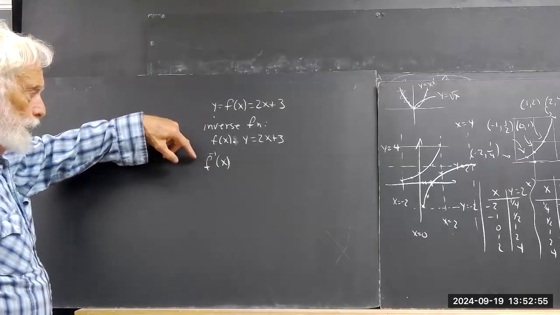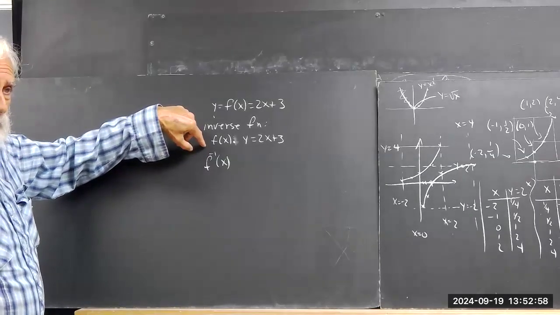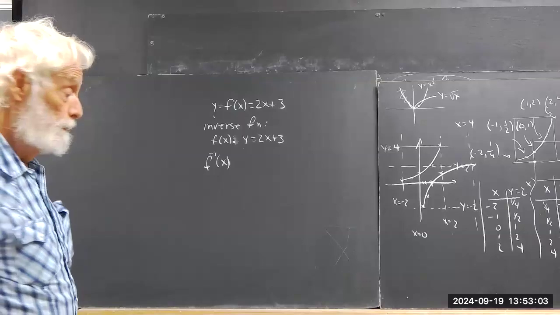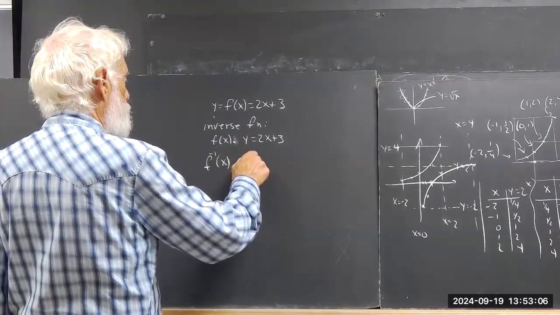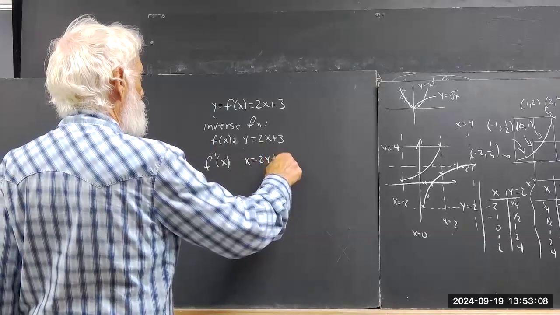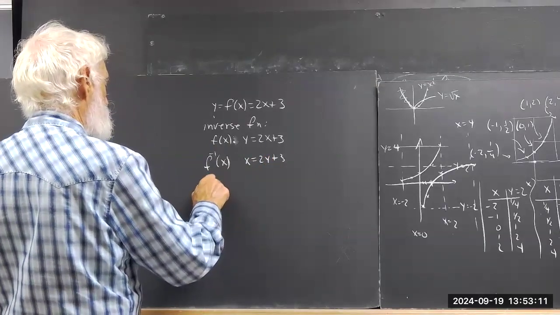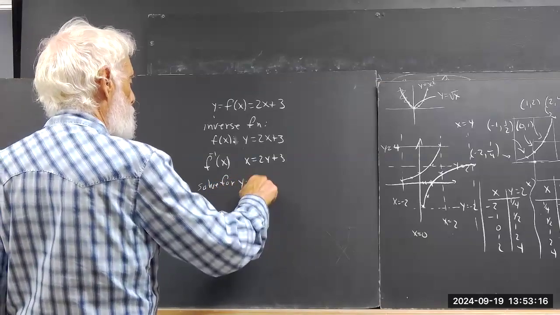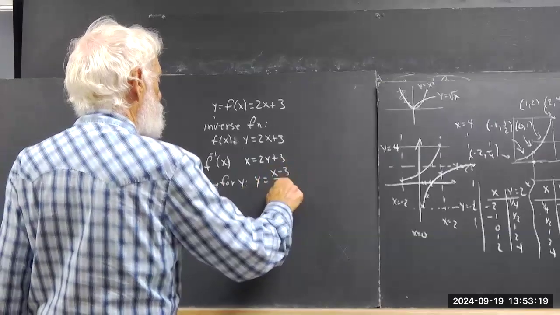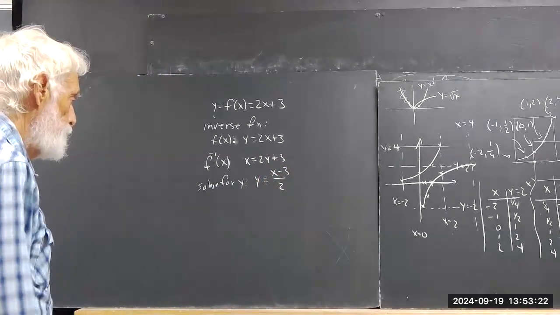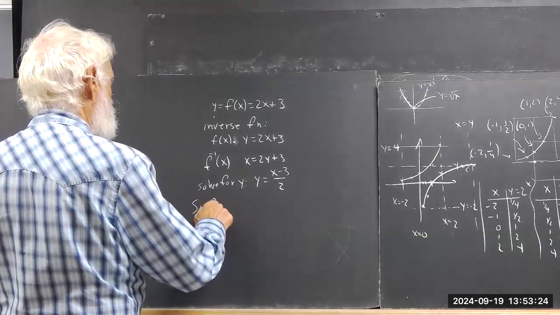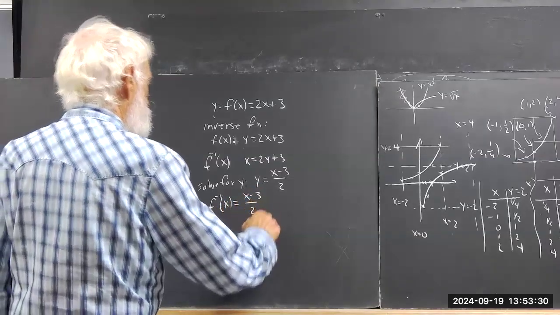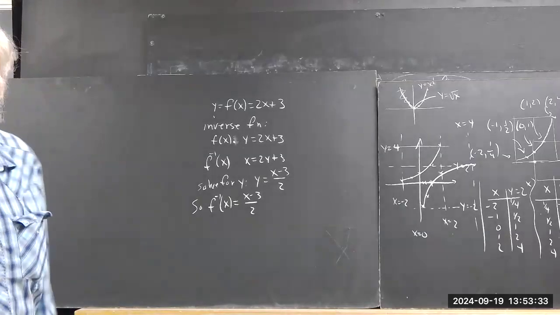We're not raising anything to the power -1; that indicates inverse. All we do is we switch x and y, and we solve for y, and get y equals (x minus 3) over 2. So there's our formula for f inverse of x.